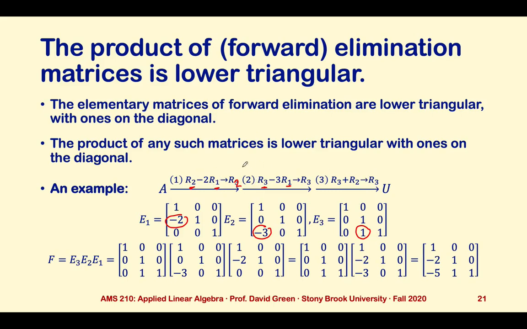What happens when we combine these steps? Remember, how do we apply these to A? We would apply E1 times A, and then E2 times the result, and then E3 times that result. So the product we want to look at is E3 times E2 times E1.